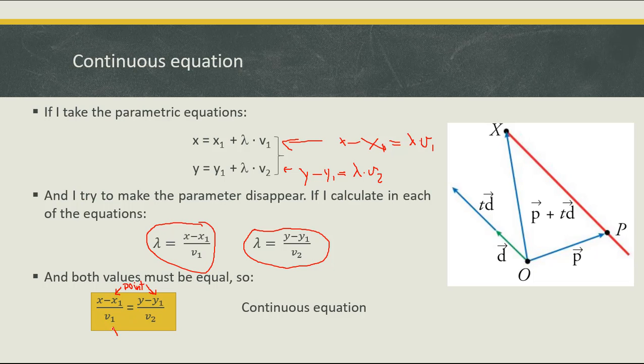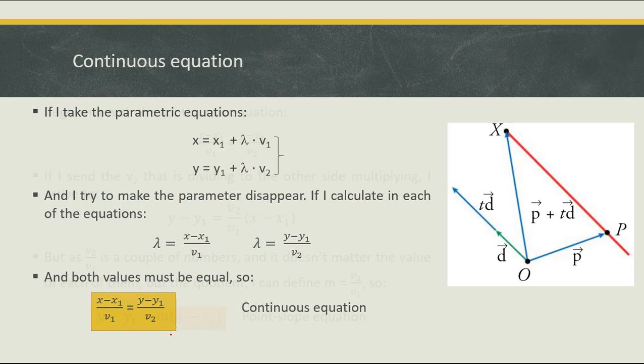And in the denominator, I have the coordinates of the vector. So if I have a straight line written in the continuous way, I can extract values of points and vectors. And if I have point and vector, I can write directly the continuous equation without needing to write the vectorial equation and parametric equation, even when I can do it.